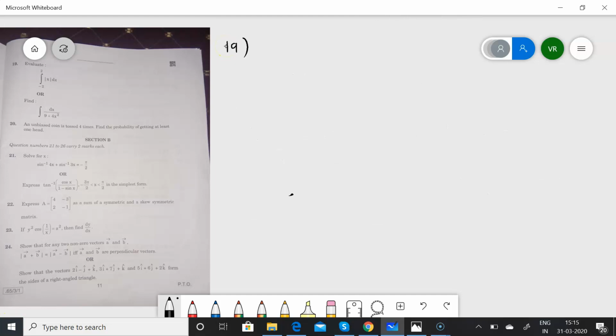19. Evaluate the integral from minus 2 to plus 2 of modulus of x dx. So now I can split this as minus 2 to 0 when x is negative, plus 0 to 2 when x is positive.